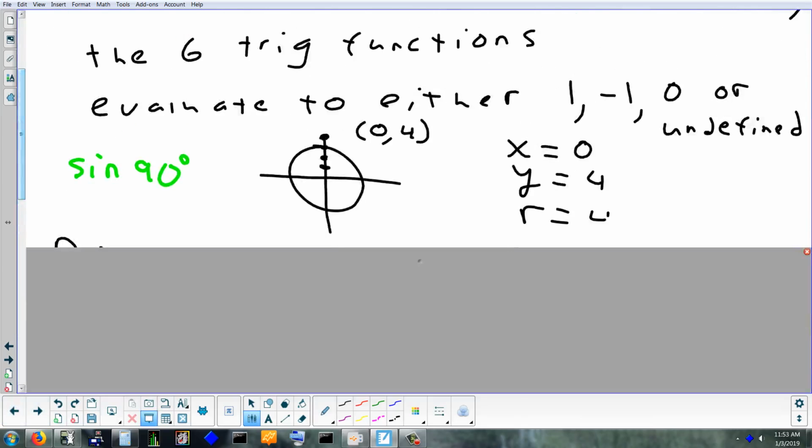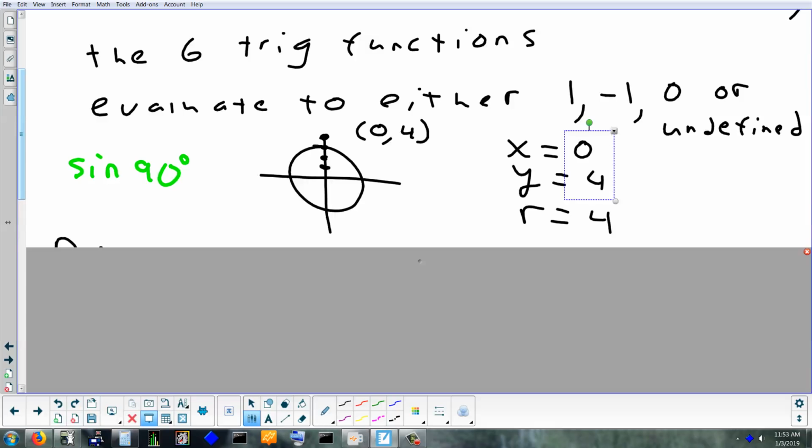So it's kind of even pointless to write it, but if you want to write it, you can. And now the sine is y over r, 4 over 4, which comes out to 1. The cosine would be x over r, 0 over 4, which comes out to 0. The tangent is y over x, 4 divided by 0.